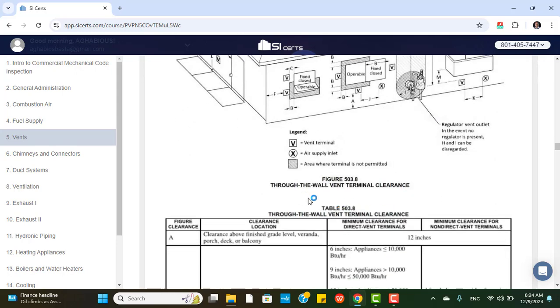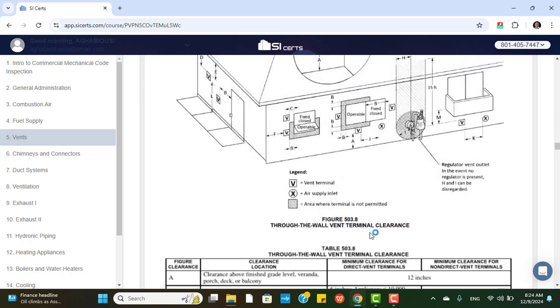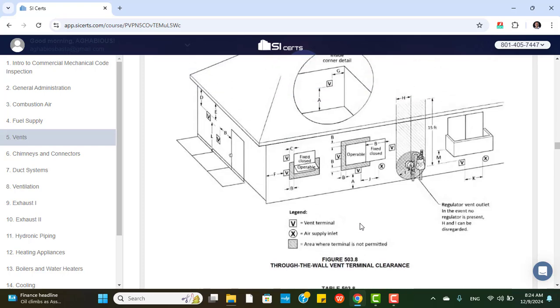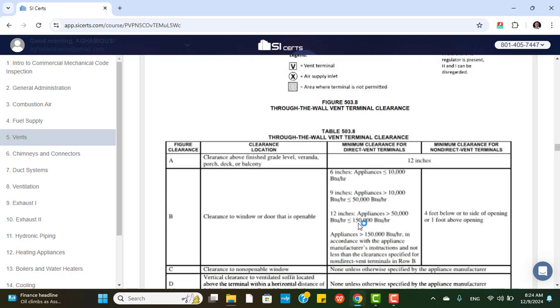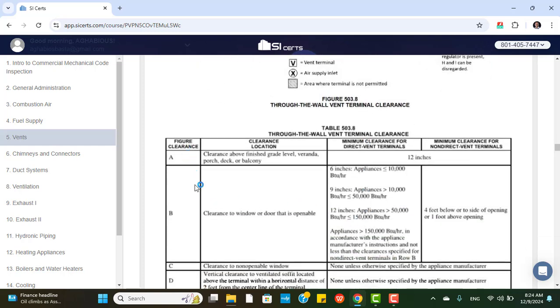As we see here, this is the through-the-wall vent terminal clearance, from figure 503.8 of the International Fuel Gas Code. And this here is the figure showing clearance and clearance location, from a window or door or something, and this is a minimum clearance.